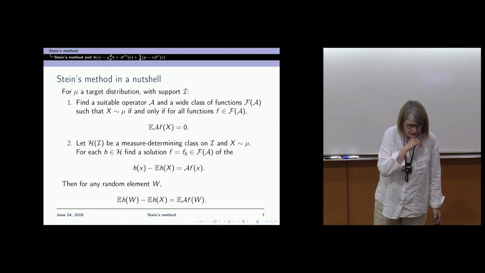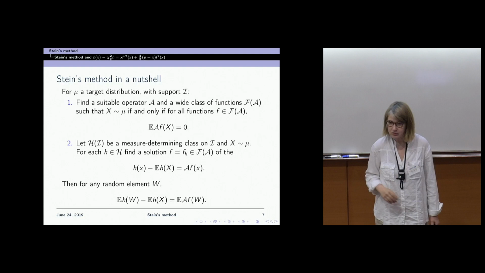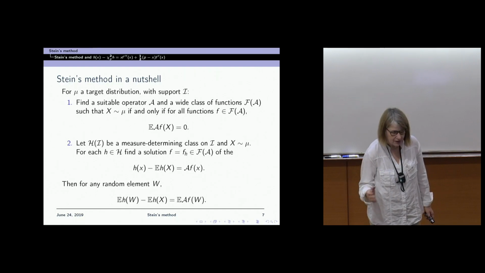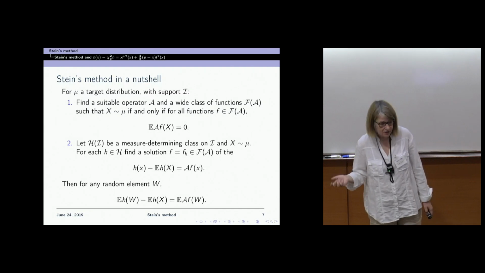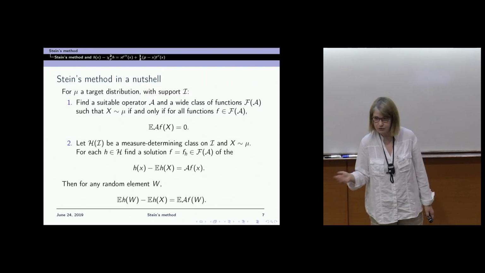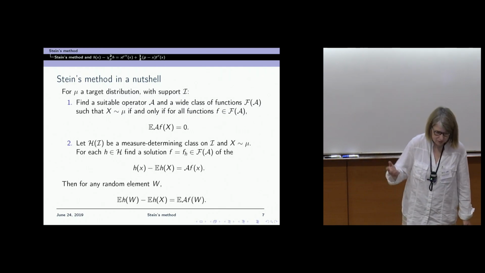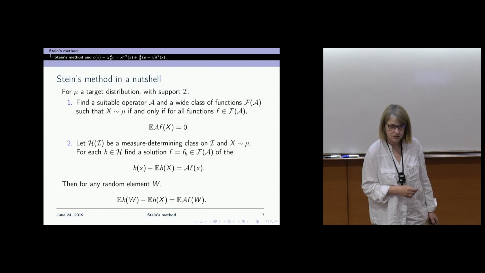Generally, we have a target distribution with some support, and we want to find first a suitable operator A and a wide class of functions such that X has the target distribution if and only if for all functions f in this wide class of functions, expectation A f of X is equal to 0.